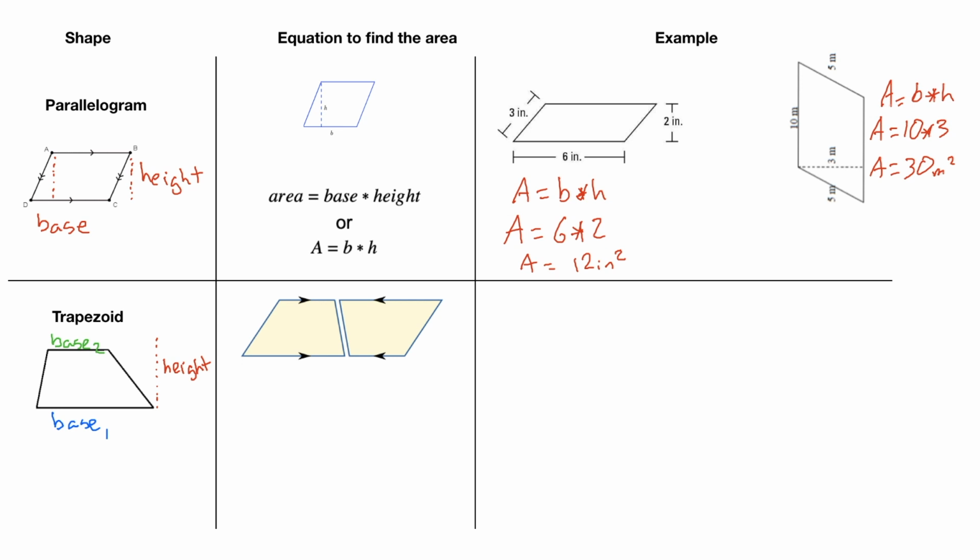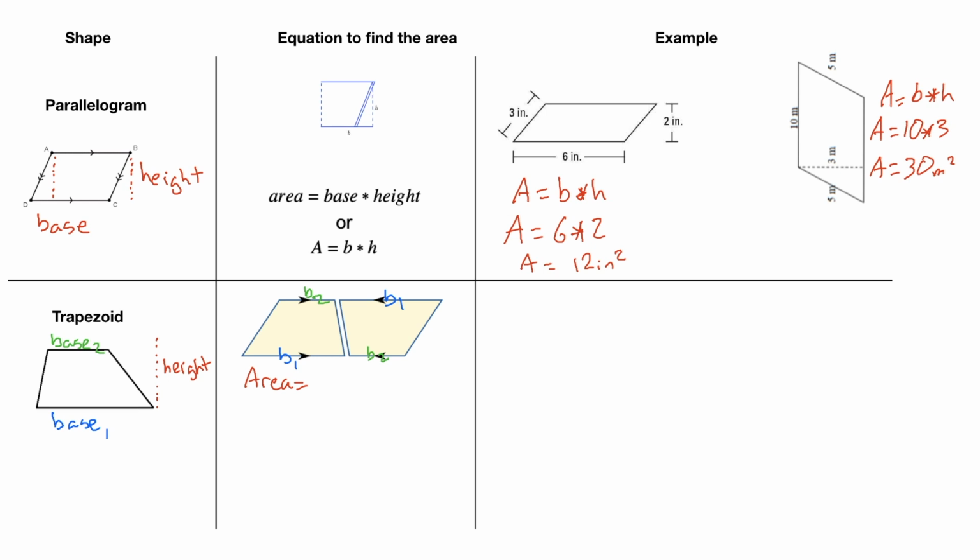So to find that for our trapezoid, we're going to recognize we've got base 1, which is actually right here. This is base 1. We've got our base 2 is this part right here, base 2 and base 2.